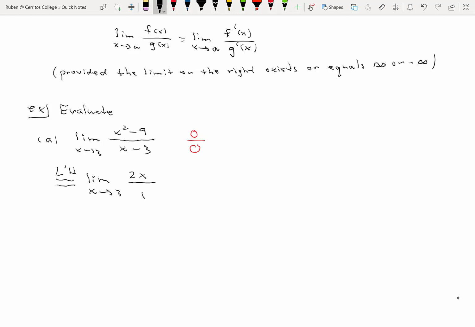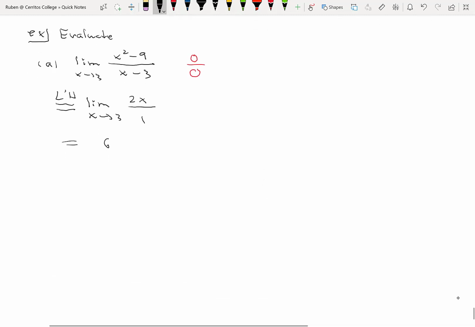And then we recheck this last limit to see if we need L'Hopital's rule again, or if we can just evaluate the limit. Well, as x approaches 3, 2x approaches 6. So the value of this limit is 6. I didn't write a little L apostrophe H over this last equal sign because I didn't use L'Hopital's rule again. I just used Calc 1. Okay, so every time you use L'Hopital's rule, write a little L or L apostrophe H above the equal sign.